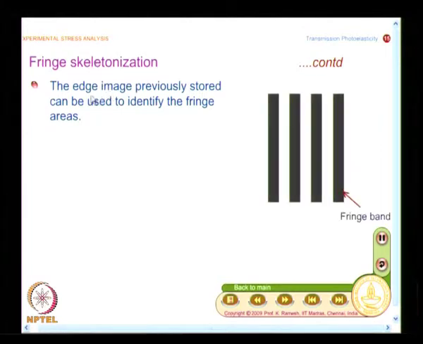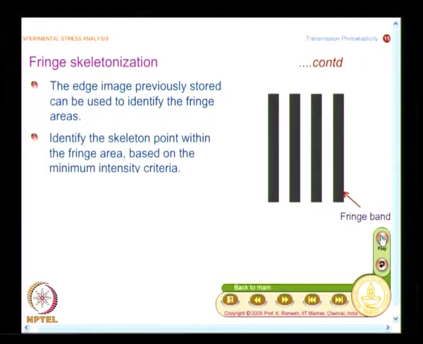And what is shown here is, we have already seen I can get a fringe areas identified by a simple process of thresholding, and I have that as an edge image which is previously stored. It can be used to identify the fringe areas.